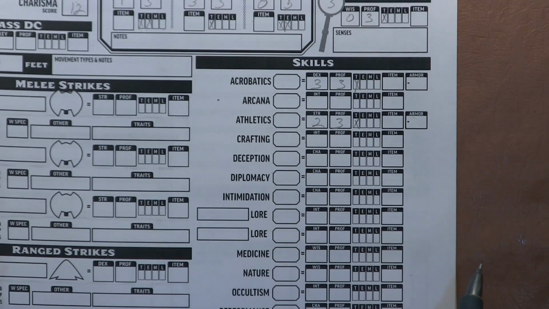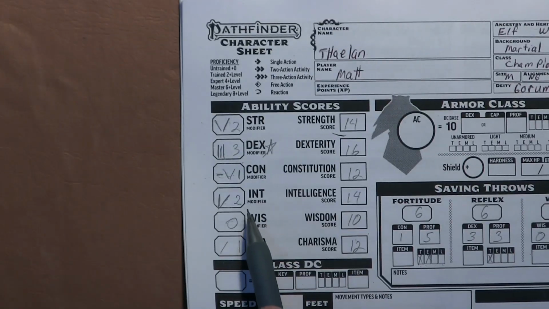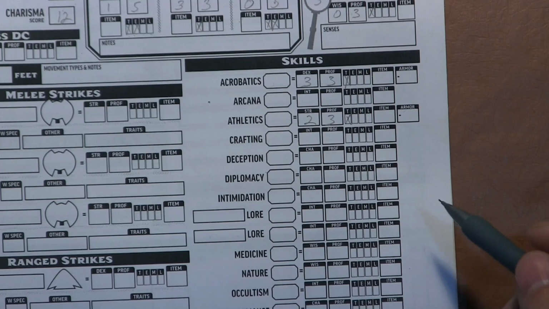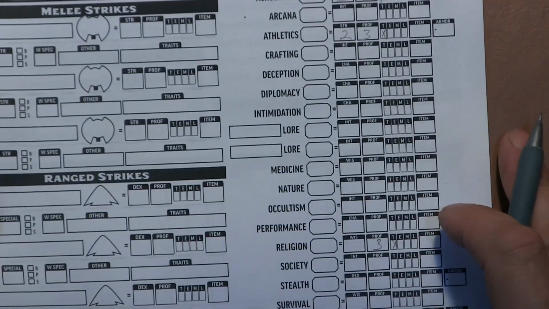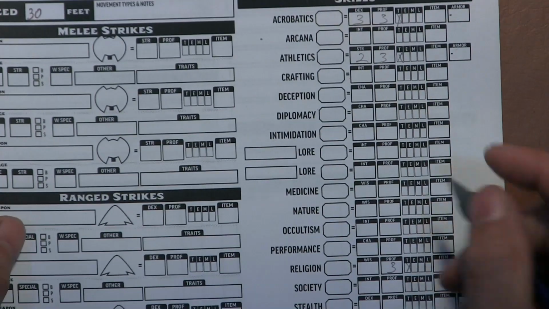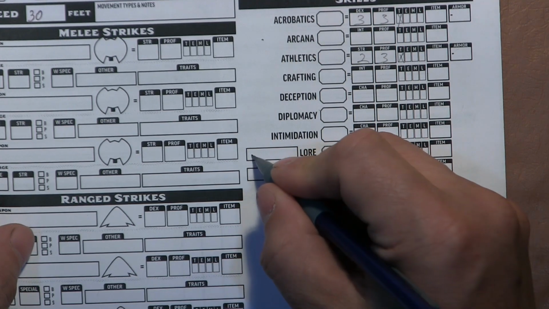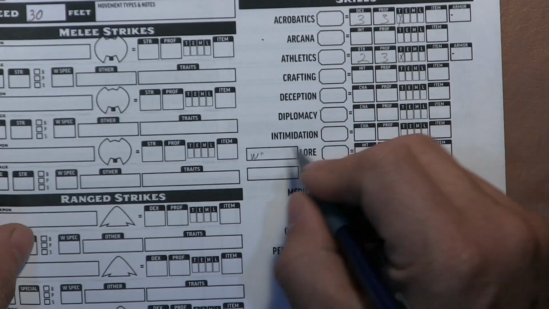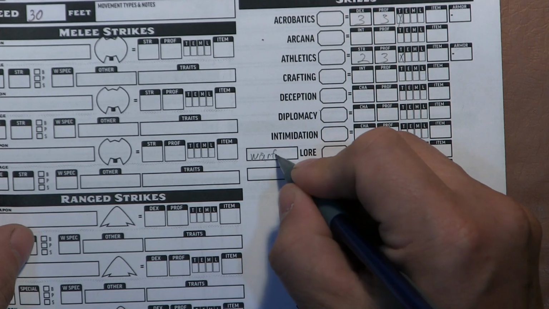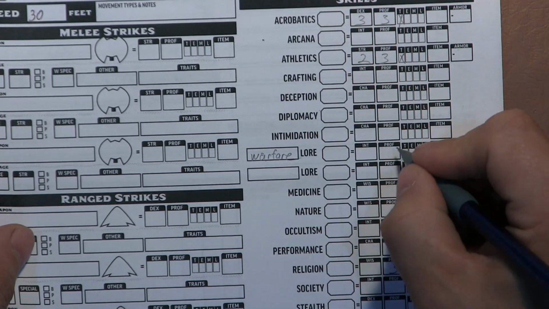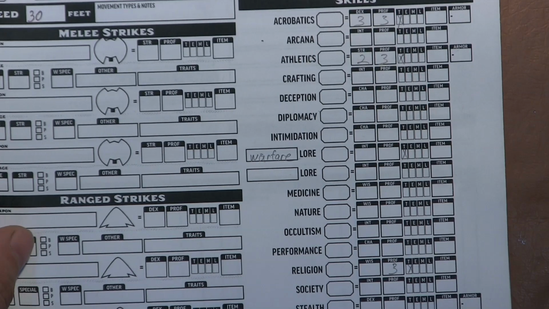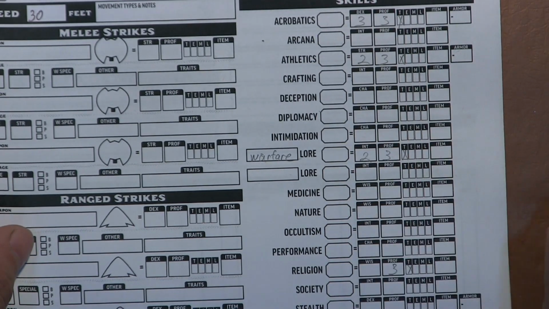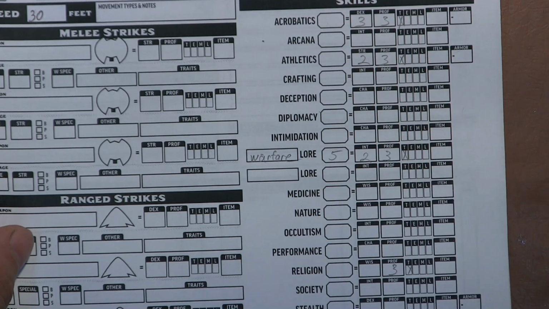Oh, I forgot one thing. I'm sorry. From Martial Disciple, I get Lore Warfare to be trained in. That's intelligence, so that'd be 2 plus 3 for a total of 5.